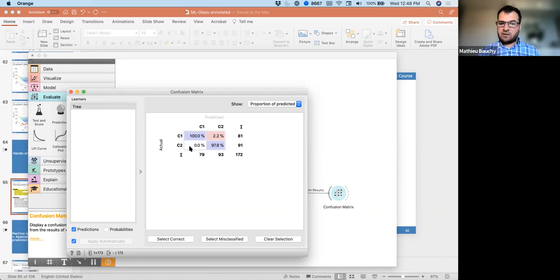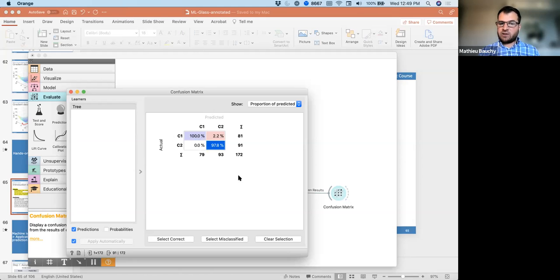But on the other hand, if you look at when the point is actually blue, the model will sometimes think it's blue, but sometimes it's going to think it's red. So those boxes correspond to the accuracy of the model. It shows you the comparison between the true color and what is predicted.